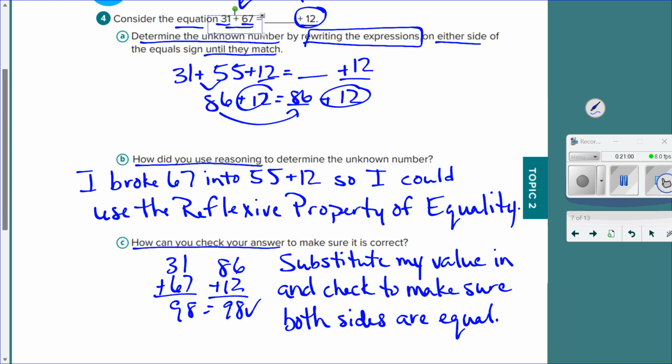So Gabriel changed the 31 to 12. He took 19 away from the 31 and added 19 to the 55. But he still ended up with the same exact concept. His numbers just looked a little different because he started with 12 plus 86 and then got it the other way.